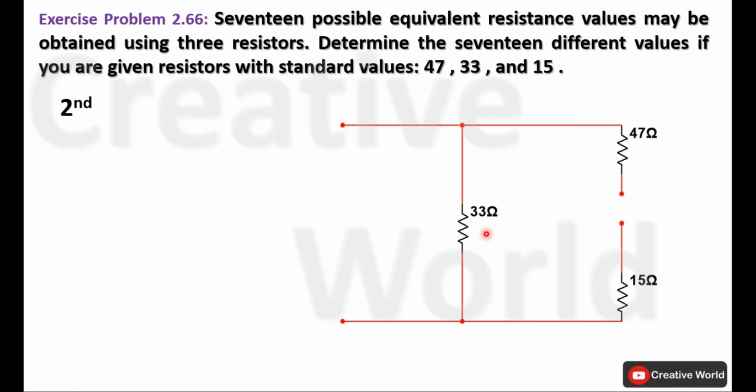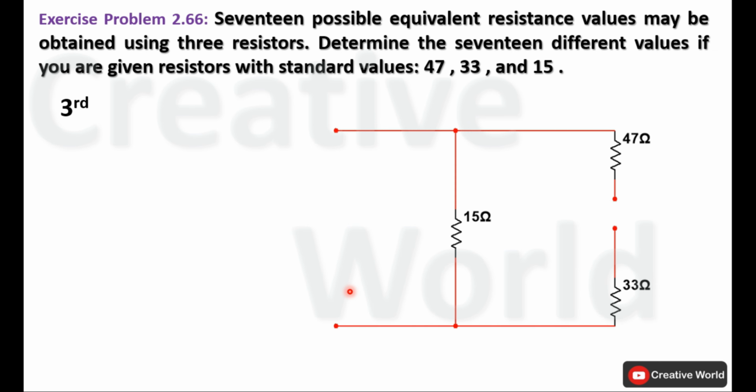In this configuration, the resistance is swapped with 33 ohm. So again we will find R equivalent between these 2 points. RAB will be 33 ohm in this case because these two resistances are not contributing in the equivalent resistance of RAB. Move to the next configuration.